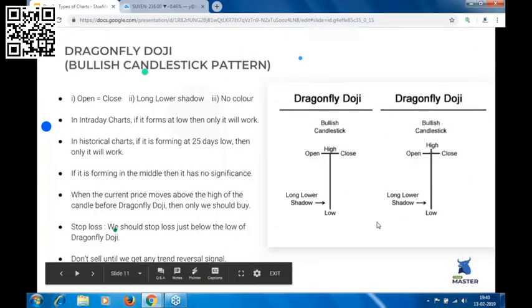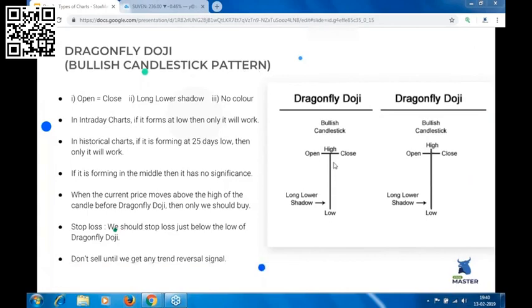Now similarly we have a dragonfly doji. Dragonfly doji is again a bullish candlestick pattern. This acts the same as a hammer. The only thing is that there is no body in this candlestick pattern. The open and the close are at the same price, at the same level. This also gives us a good example of the fight between the bulls and the bears.